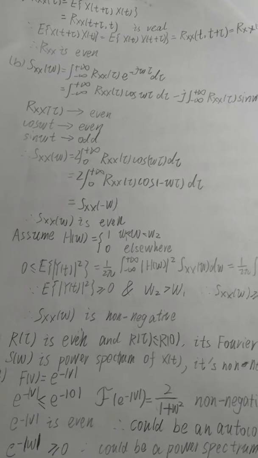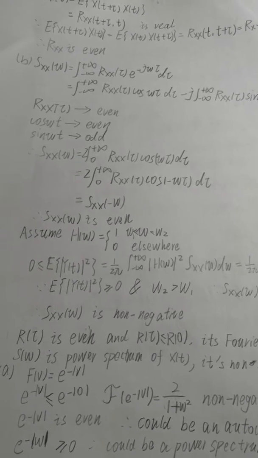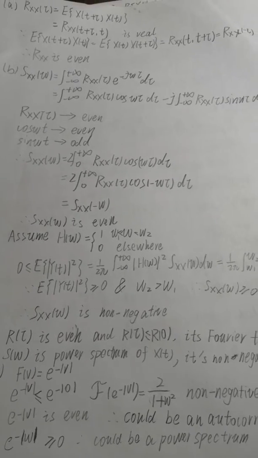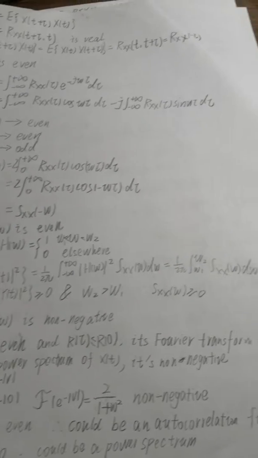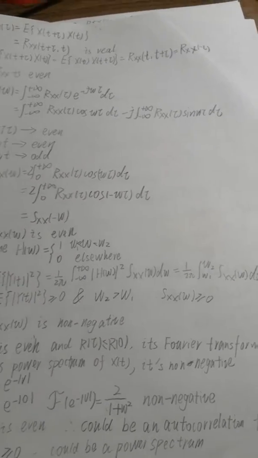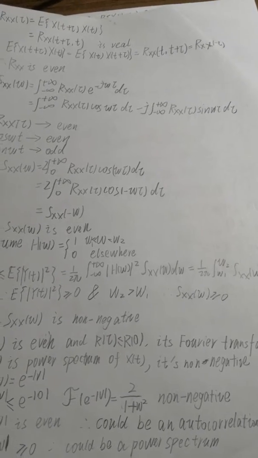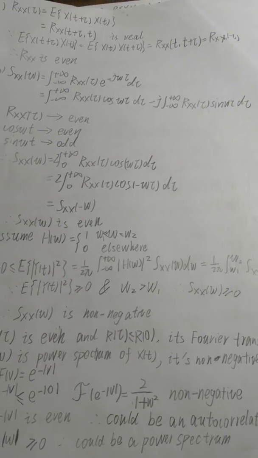And because the power, the energy, is always larger than or equal to 0, and omega 2 is larger than omega 1, Sxx(omega) is always larger than or equal to 0.